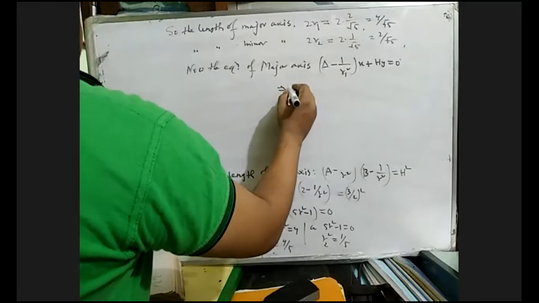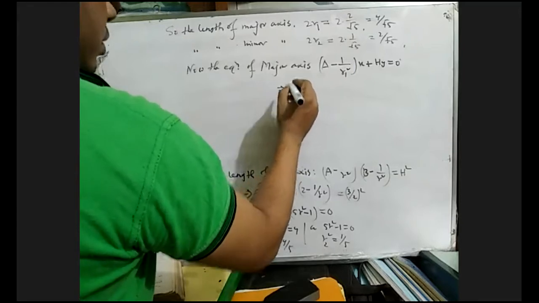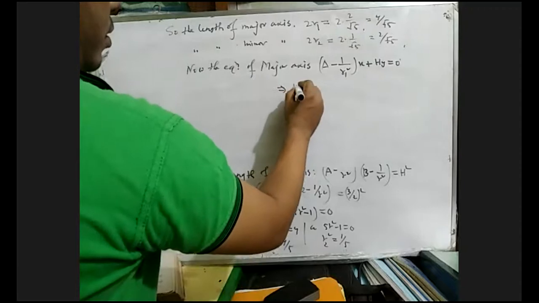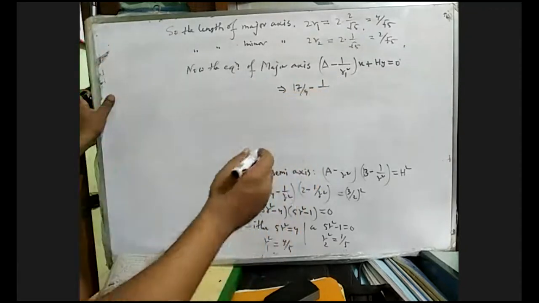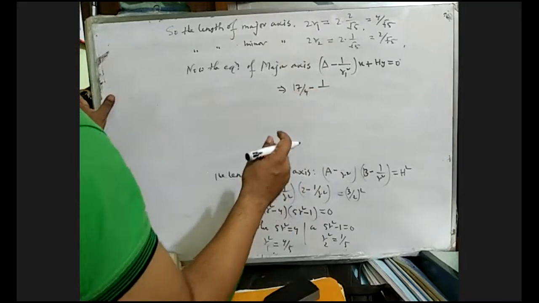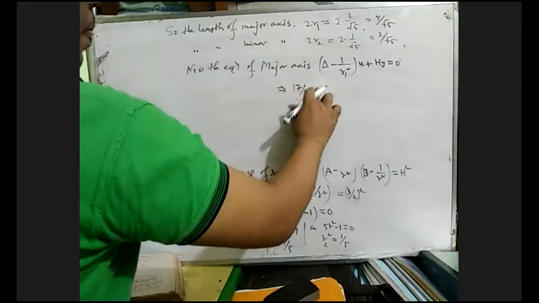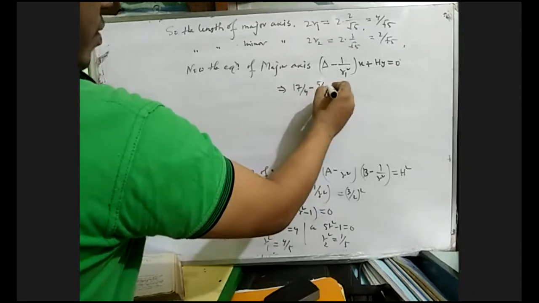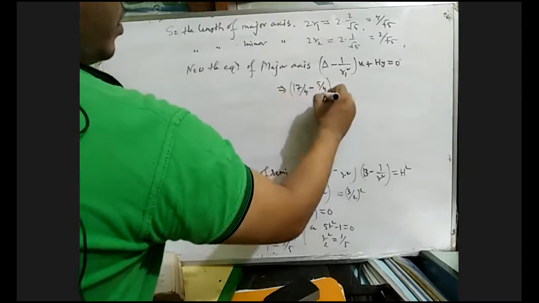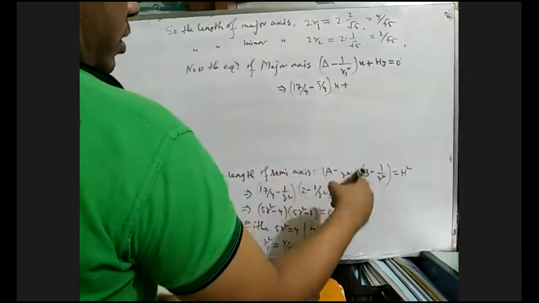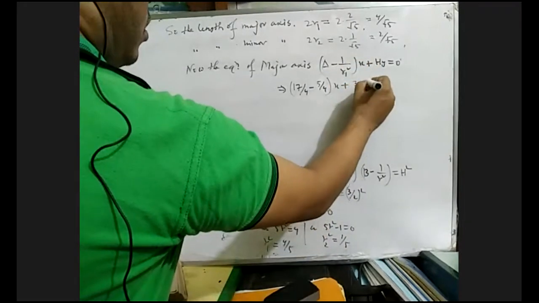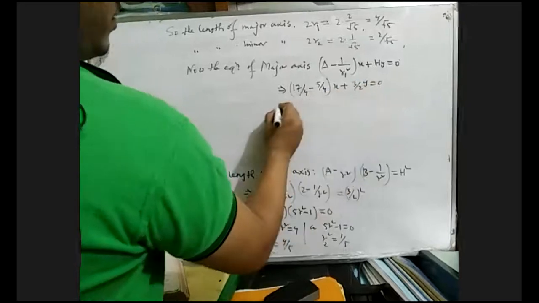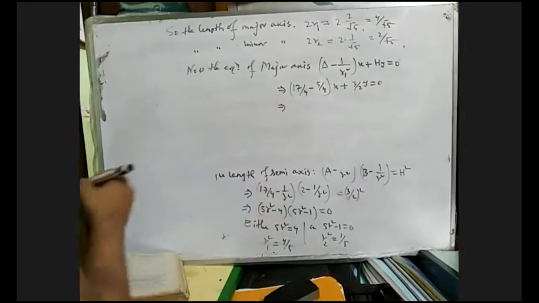A means 17 by 4 minus 1 by r1 square, which equals 5 by 4, so 5 by 4 into x. h's value is 3 by 2, into y. What will be the values?